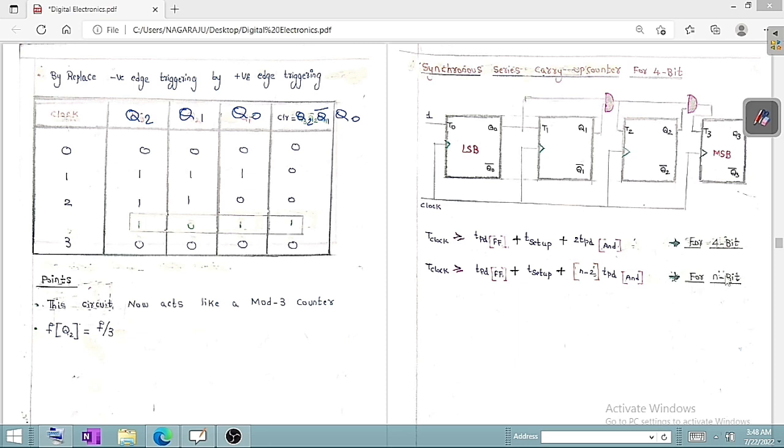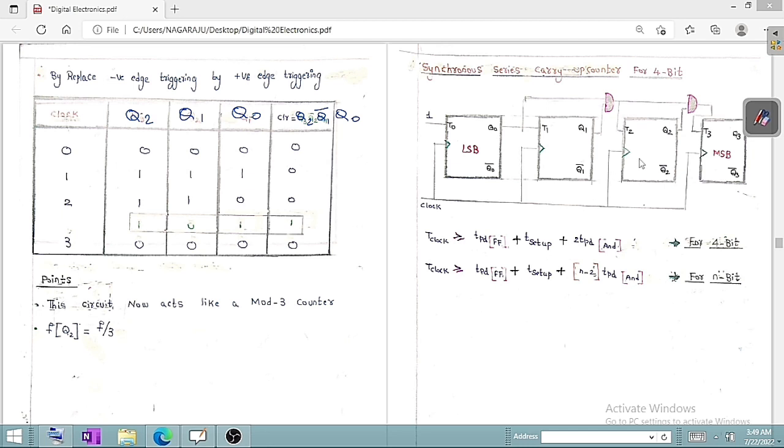Suppose if you go for N bit, then the T clock should always be greater than or equal to the propagation delay of the flip-flop plus setup time plus n minus 2 into the propagation delay of the AND gate. So this is for the n bit. For the ripple counter, I already told you the T clock should always be greater than or equal to n times the propagation delay of each flip-flop. Whereas here the T clock should be greater than or equal to the propagation delay of the flip-flop plus setup time plus 2 times the propagation delay of the AND gate, because there are two AND gates.